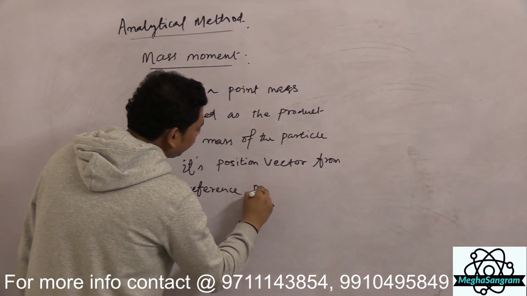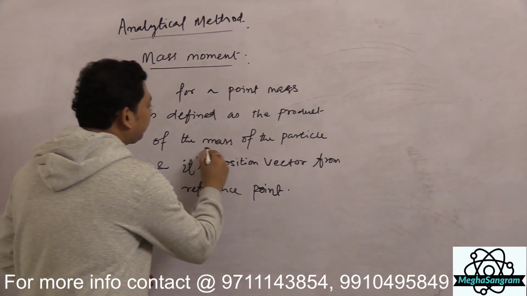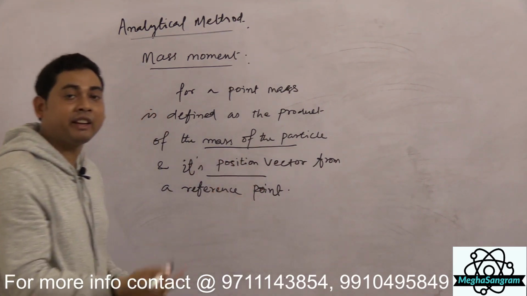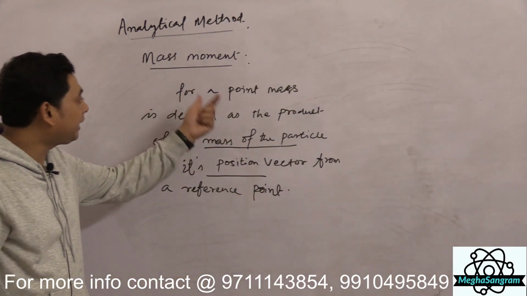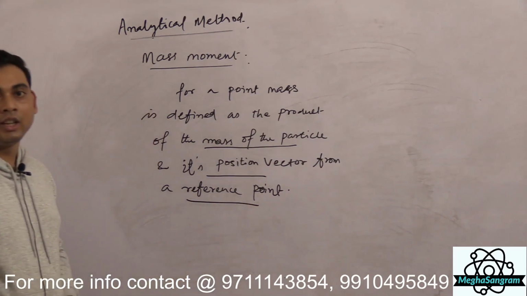All right, so it is basically the product of the mass of the particle and its position vector. Whose position vector? The particle's position vector, or where the point mass is located with respect to a reference point.